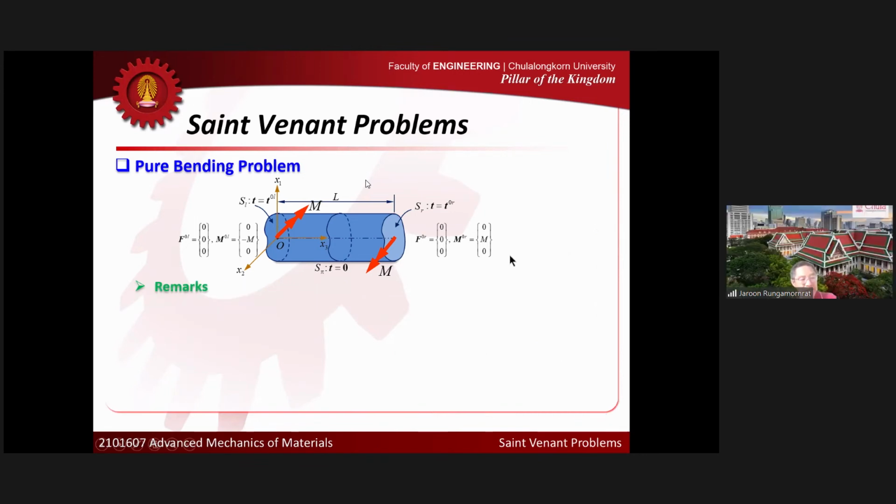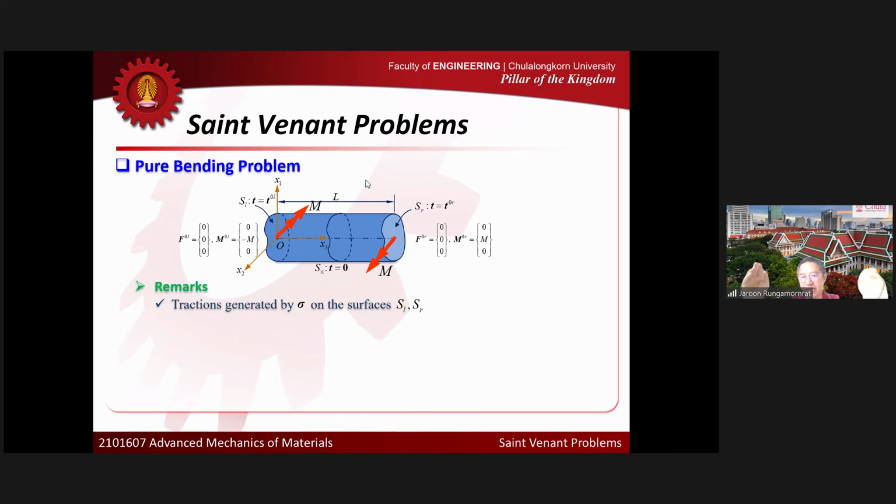Okay, I have remarks here as well for this particular problem. If you look at stress field that you got there, and then you try to generate a traction at the ends, you would like to know what kind of traction you have to apply at both ends to get the exact solution.